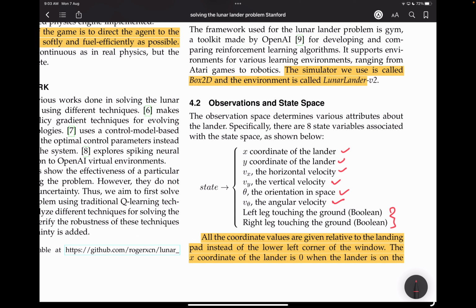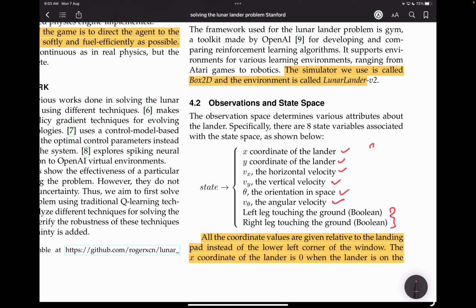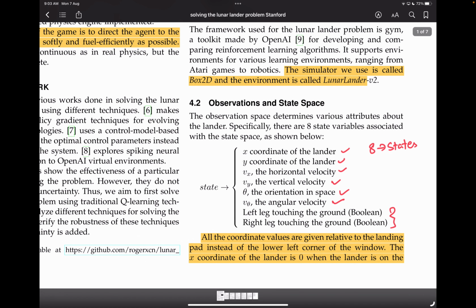So we have whether the left leg is touching the ground or the right leg is touching the ground, right? So these are the 8 states. Let's just remember that we have 8 states, and for the actions we'll come to the next part. All the coordinate values are given relative to the landing pad instead of the lower left corner of the window.